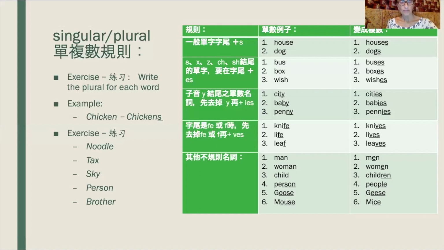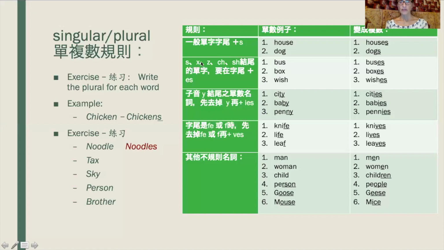Okay, now assuming that you did pause the video and tried to put these nouns into a plural form, let's see what noodle would become. So it ends in E. Are we going to do something special, or is it a special word, or are we just going to add an S? And we're just adding an S. So tax, let's look over here.